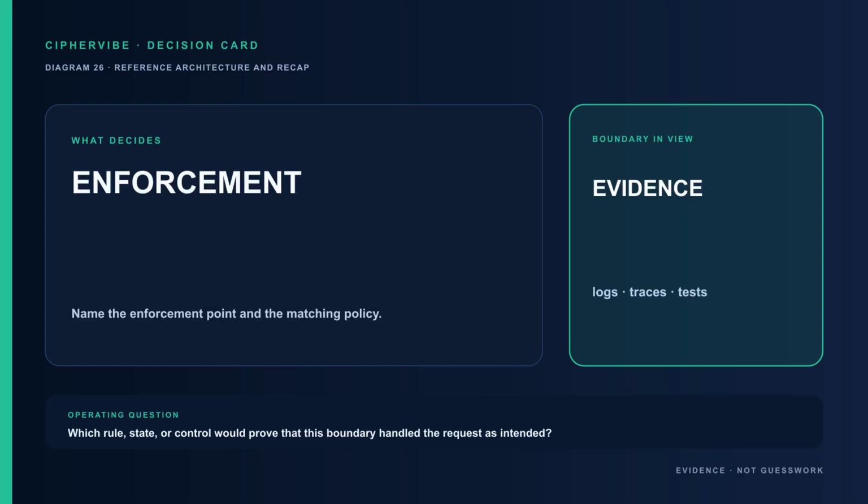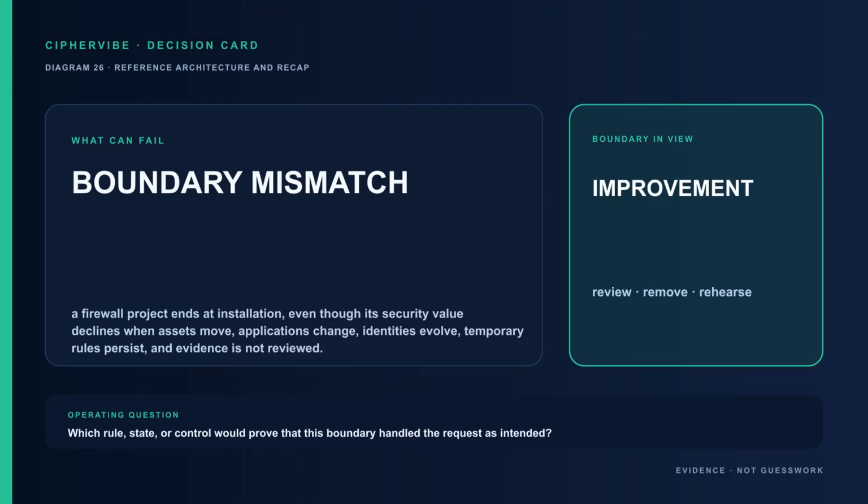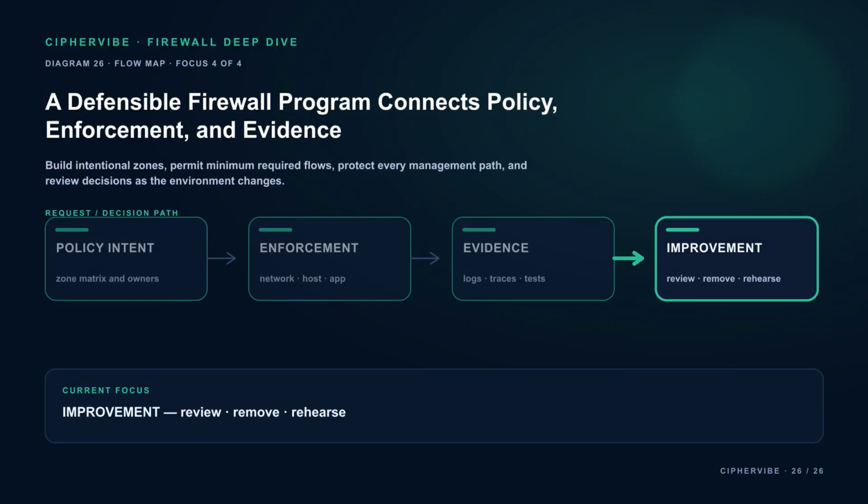Keep ingress and egress deliberate. Use DMZs and segmentation to reduce unnecessary reachability. Treat firewall rules as controlled changes. Join logs with application and identity evidence. Protect the management plane. Then review, test, remove stale access, and rehearse incident decisions before the next outage.